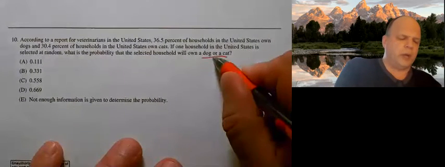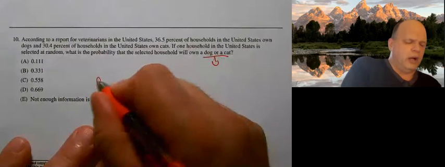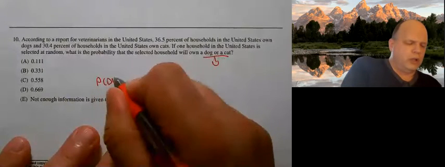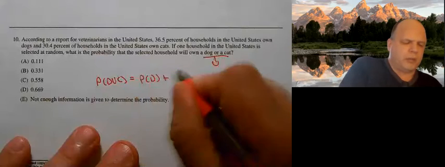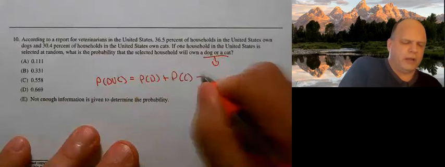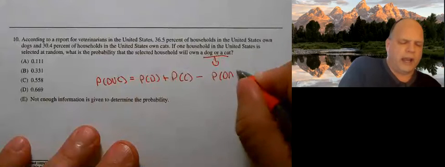This right there tells me I'm working with the union. All right. So the probability of dog union cat equals the probability of dog plus the probability of cat minus the probability of owning both, which is dog and cat.